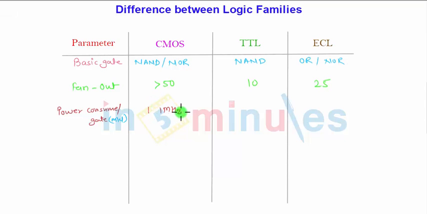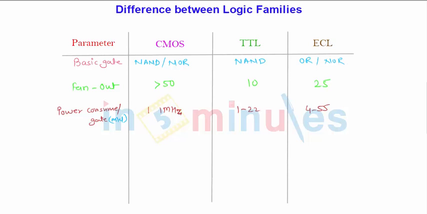Time is inversely proportional to frequency, so if the frequency is increased, the propagation delay will be less and the switching action will be faster. But even with still faster switching, only 1 milliwatt is consumed by CMOS, whereas TTL consumes 1 to 22 milliwatts, and ECL is far away from that, at 4 to 55 milliwatts, consuming much more power than TTL.